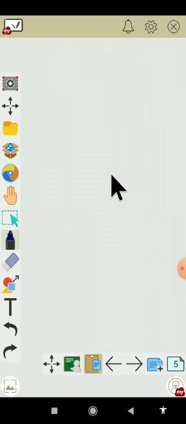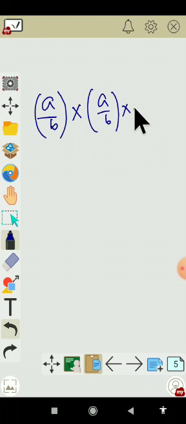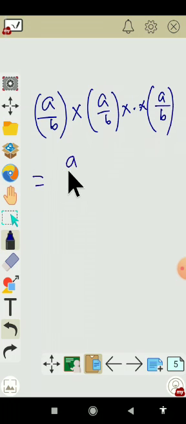Next we will see, if n number of rational numbers are multiplied, how do we write that? It is possible to write it as a by b to the power n.